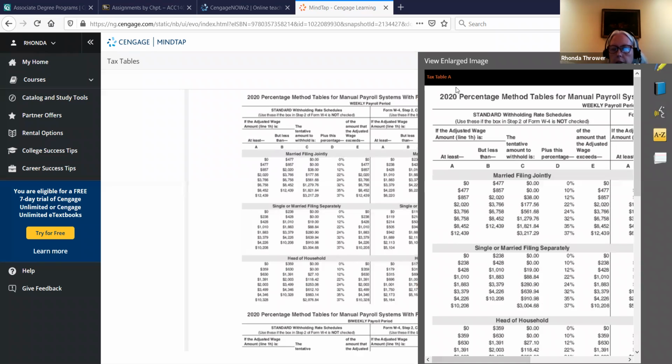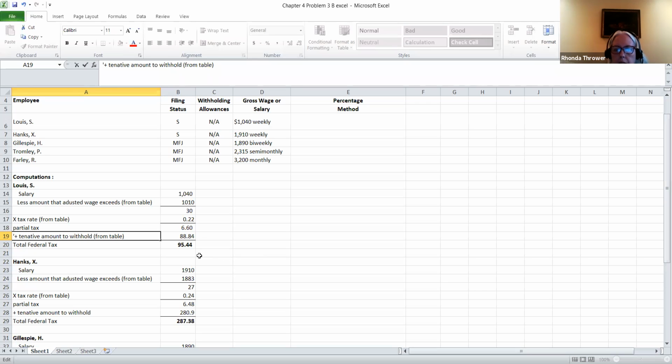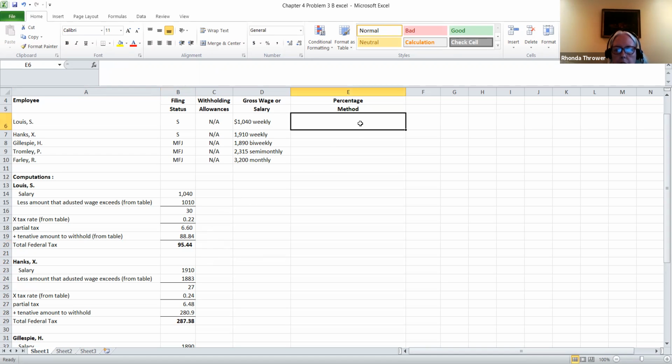So back to the Excel spreadsheet that I made, the total federal tax is $6.60 plus $88.84. So for the percentage method, you would put that into Cengage as $95.44.